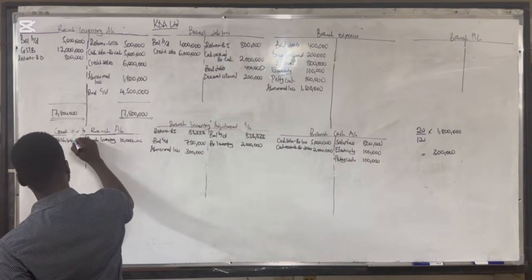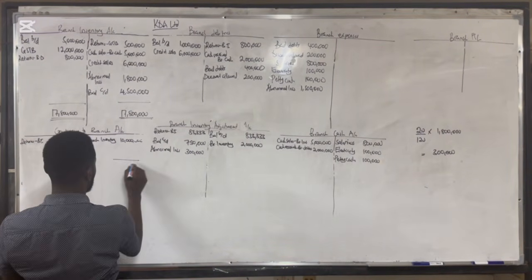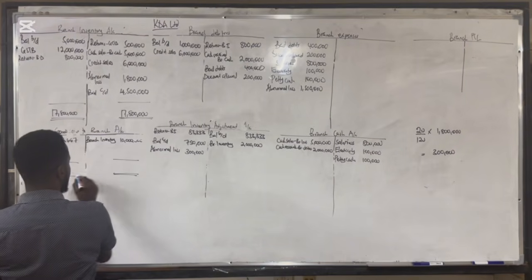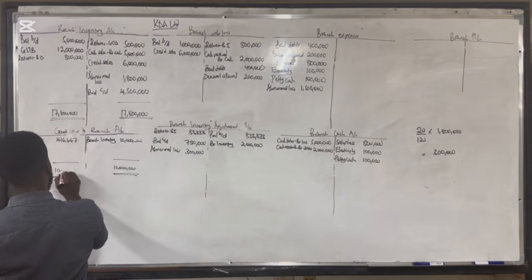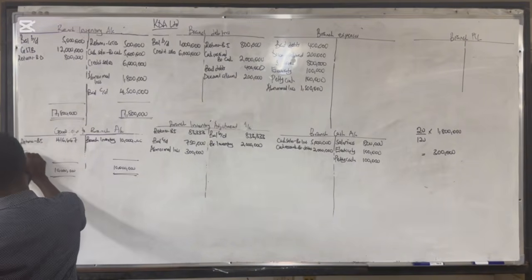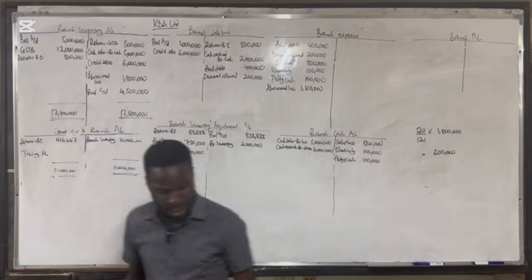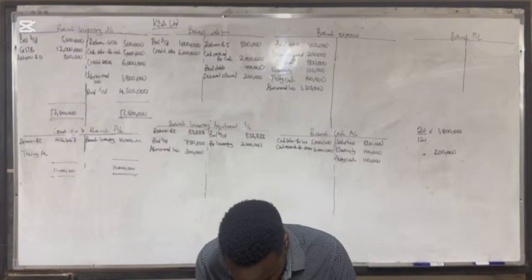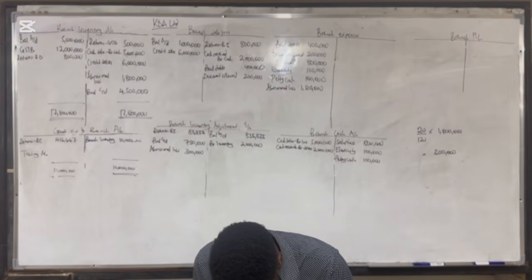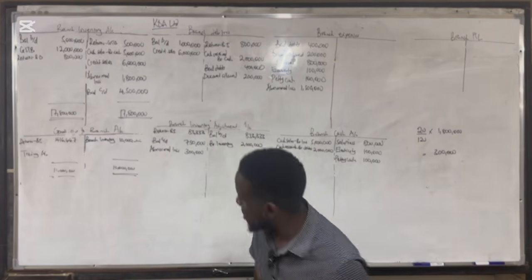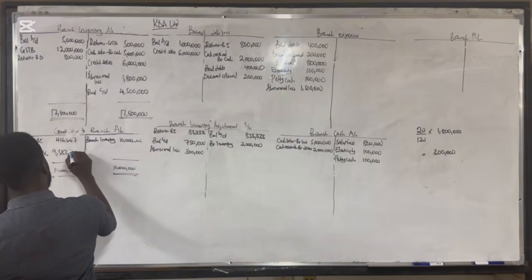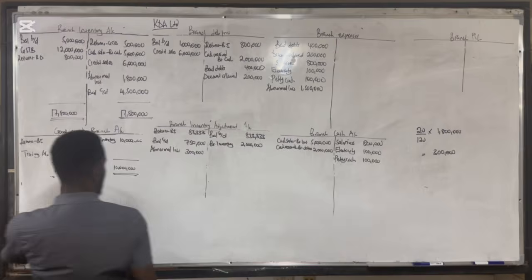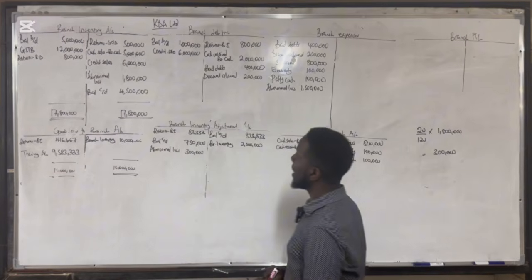So we can balance off this. This is 10 millions, and then 10 millions here. Therefore, we're going to have a trading account here as the balancing figure, and the trading account is going to be 9,583,333. That's the closing figure here.